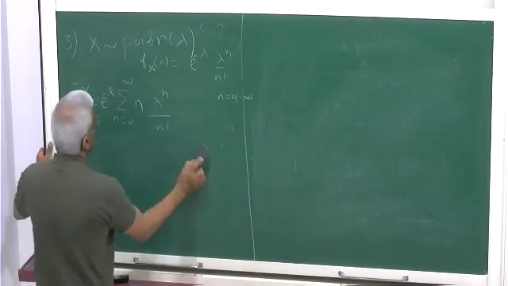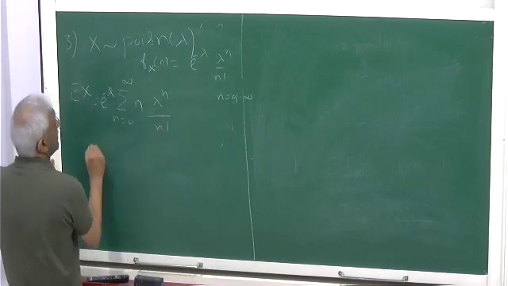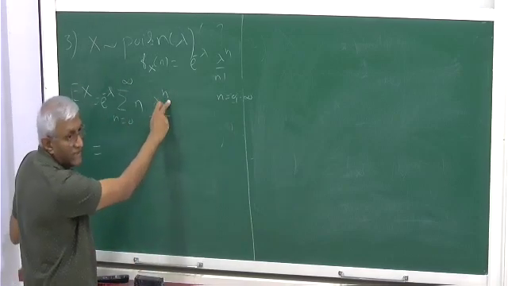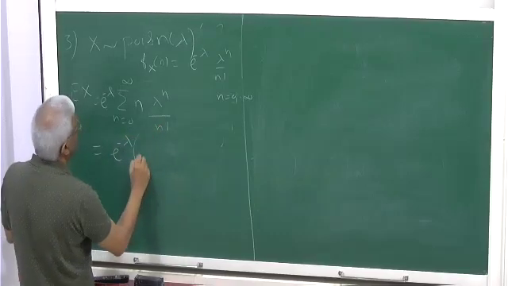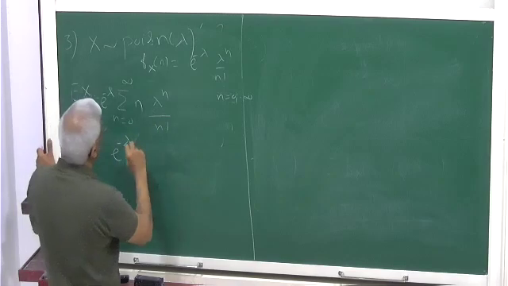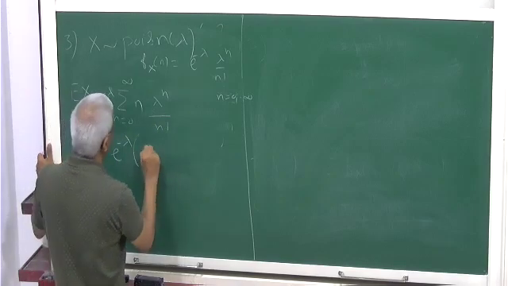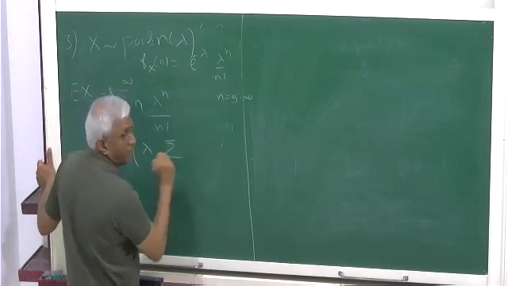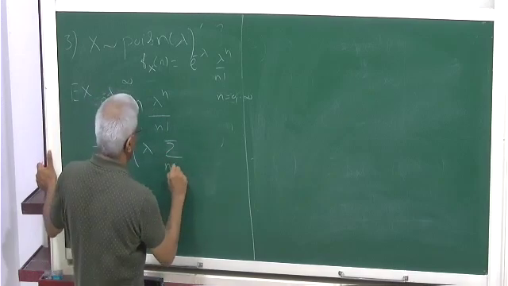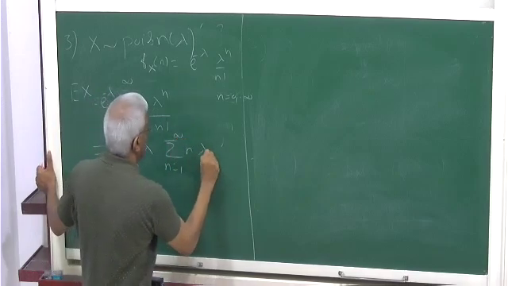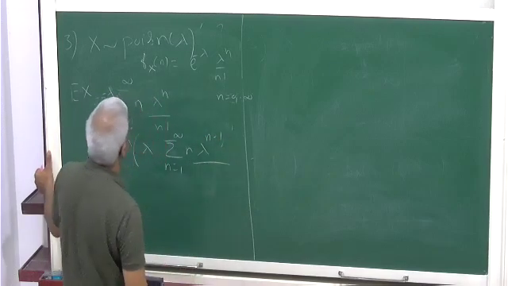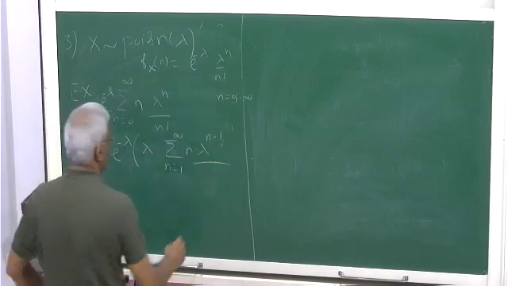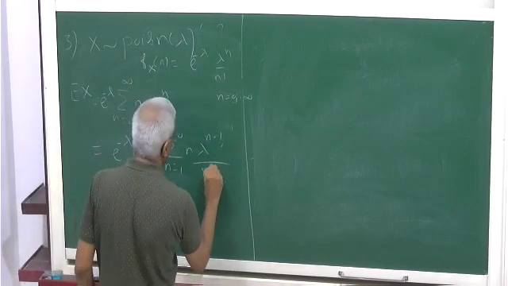Let's write it clearly. The sum starts from n equal to 1, since I want to get an n minus 1 here. So this is equal to e power minus lambda into, you have to take a lambda out, summation n equal to 1 to infinity of n into lambda power n minus 1 by n factorial.